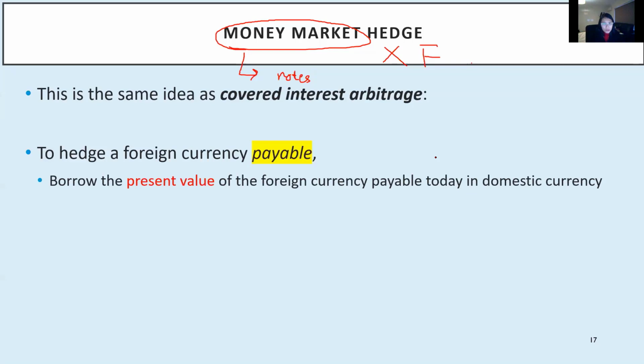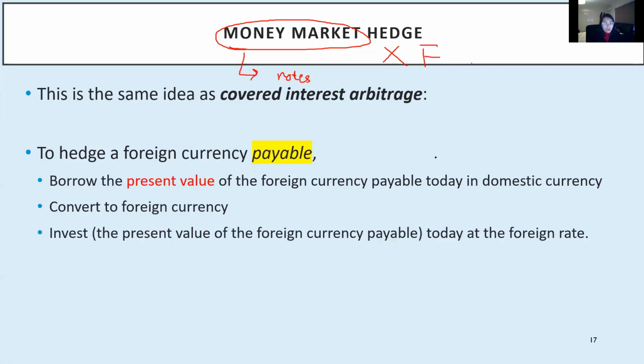The step that we need to do with money market hedge is to first borrow the present value of the foreign currency payable today in domestic currency. We then convert that domestic currency to the foreign currency, and we are going to invest that foreign currency in the foreign market, okay?